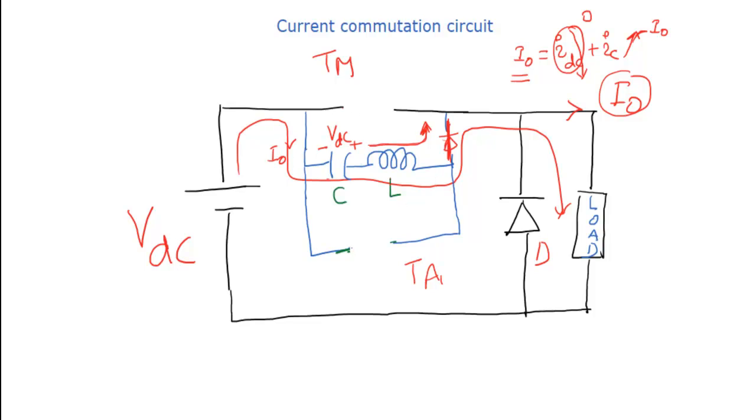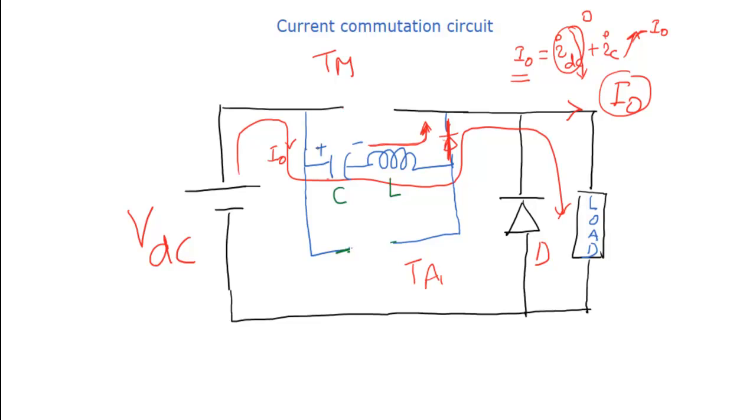In that case, the voltage across the capacitor slowly reduces to 0. Once the capacitor voltage becomes 0, it again starts charging in this direction, that is, in the same direction as the source current, in this way. That means this becomes positive and this becomes negative.